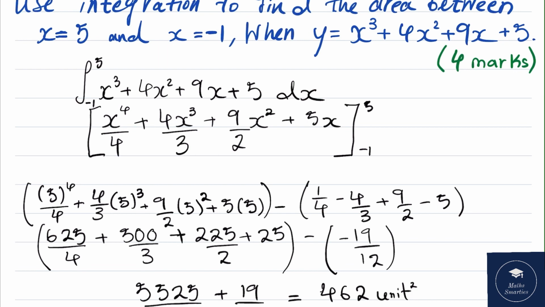We press this, and then we write the equation x cubed plus 4x squared plus 9x plus 5, and then we write the limits 5 and -1, and then we press the equal sign, and we should get 462.